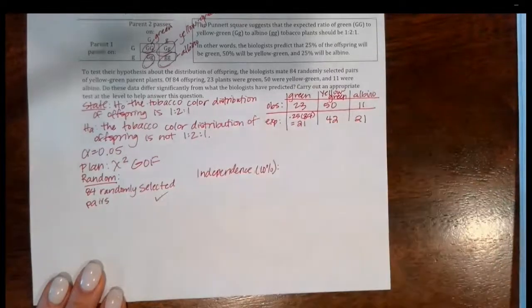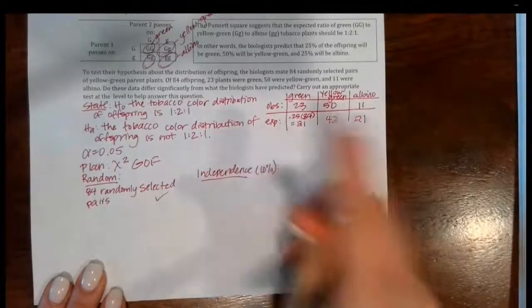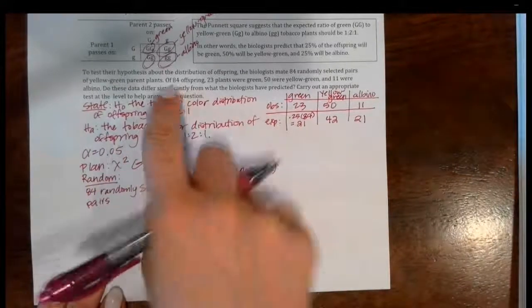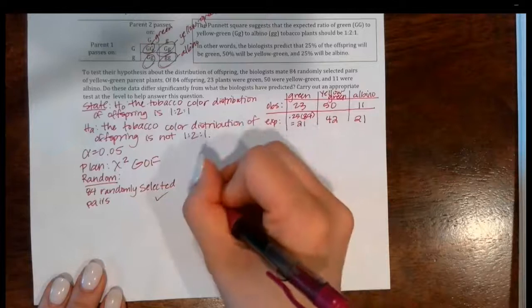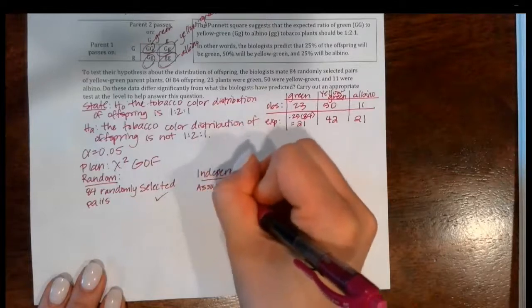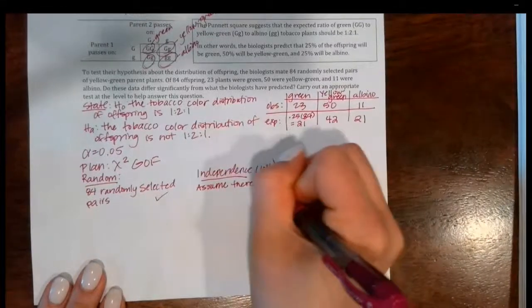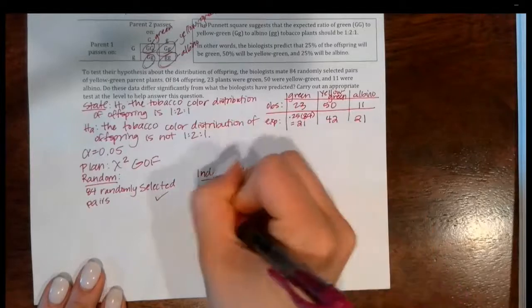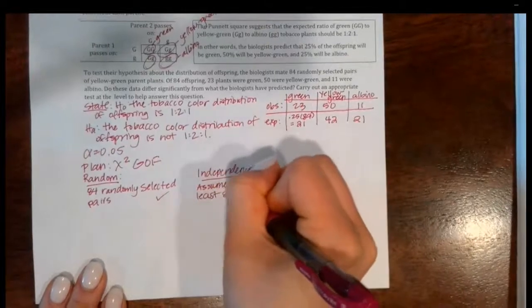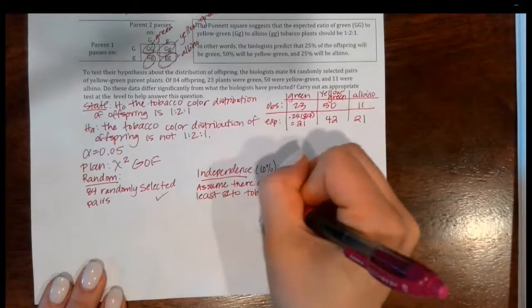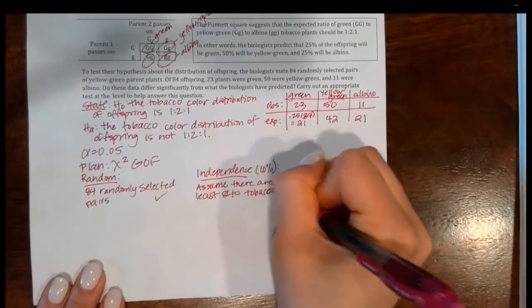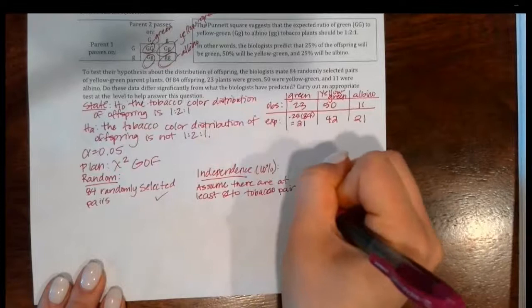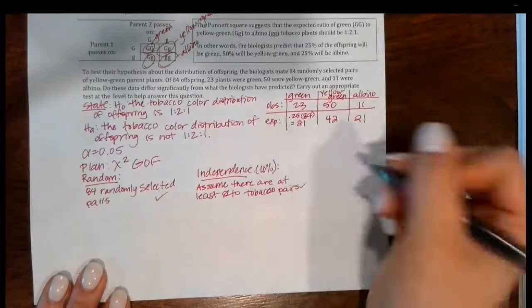We need to know if 10 times 84, which is 840, so we are going to assume there are at least 840 tobacco pairs. And that's reasonable, all right?